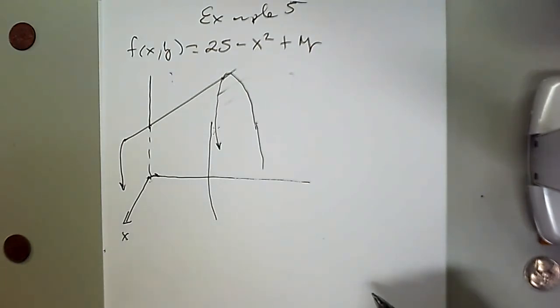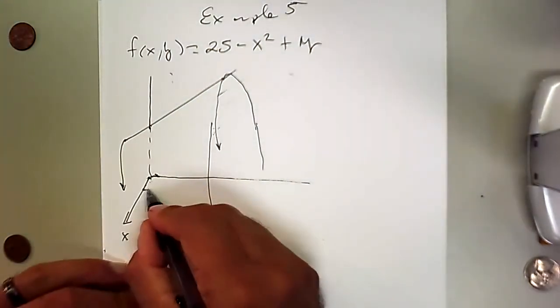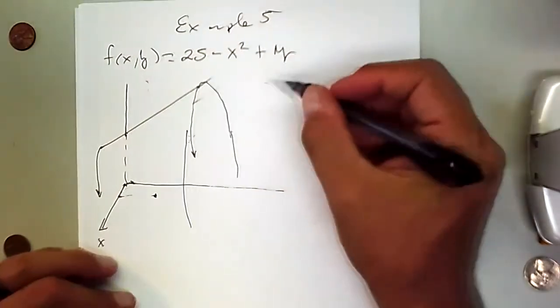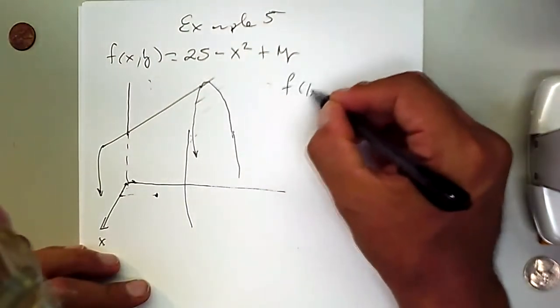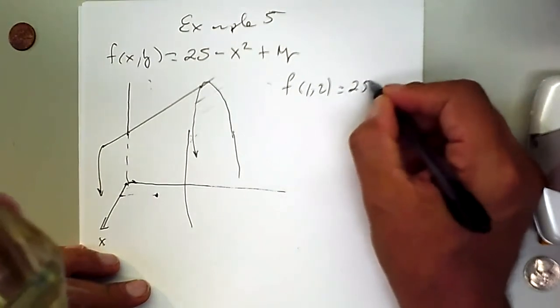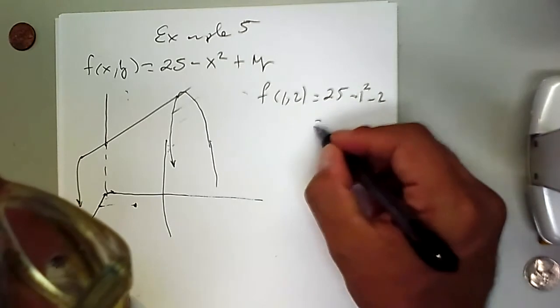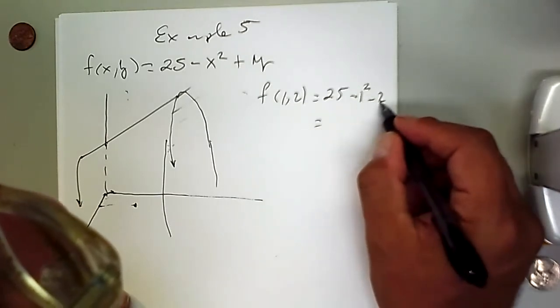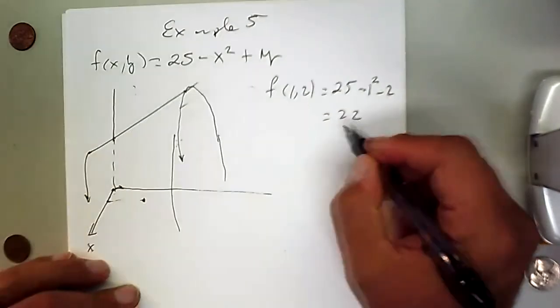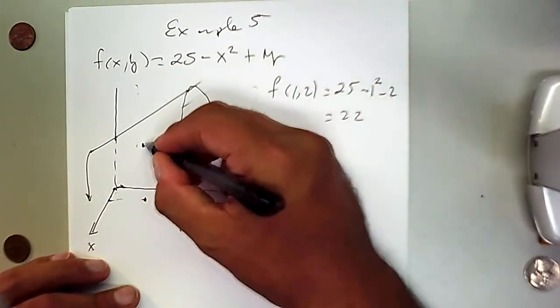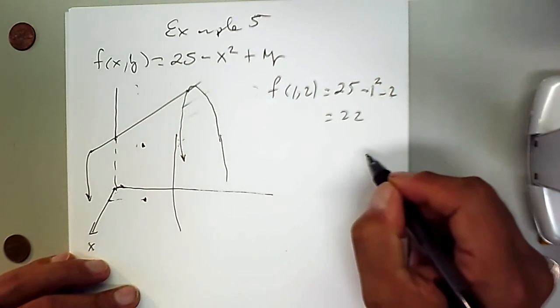Okay, so this is this new function. Let's go to 1, 2. So just so we know, f of 1, 2 is going to be 25 minus 1 squared minus 2. That's 3, so that's 22. Okay, so we're going to be way up here at 1, 2, 22.